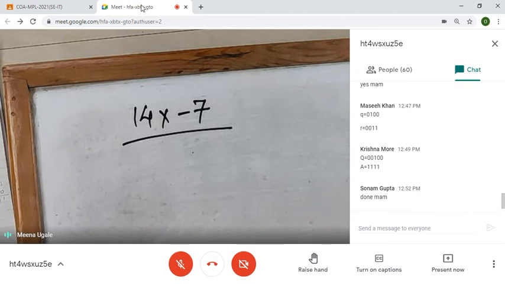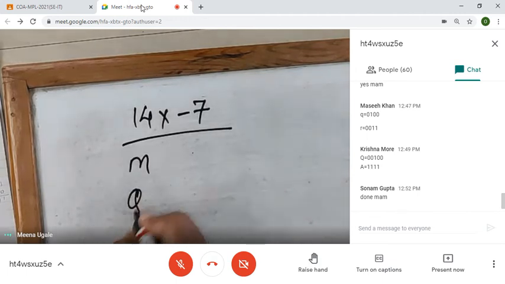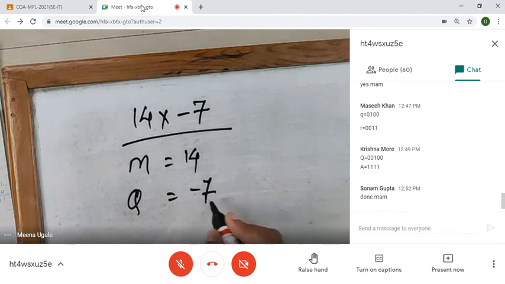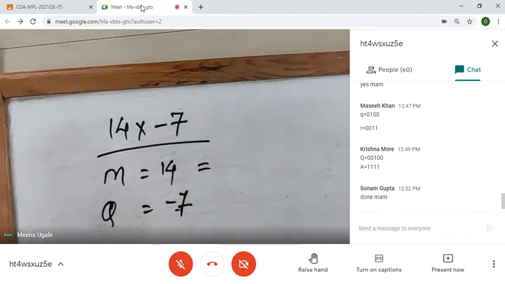You first tell me what will be the binary value for M. M will be 14. Q I want to take is minus 7. So tell me first what M's value will be. Type in the chat box. And tell me Q's value for minus 7 as well, what will it be?